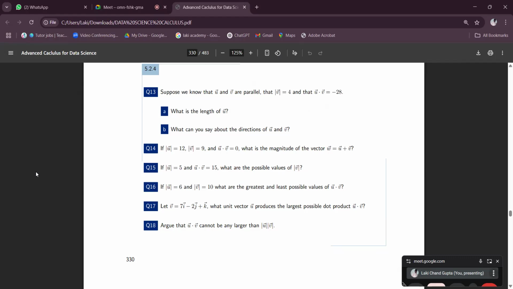So cos theta equals u dot v over the modulus of u multiplied by the modulus of v, and we are given the denominator here in the relationship, right? So what is the range of u dot v?